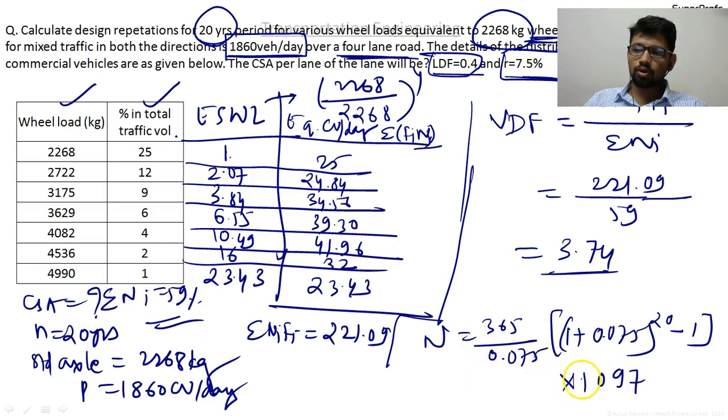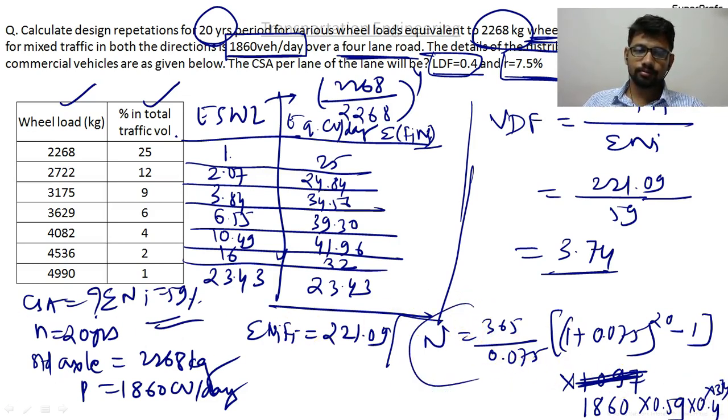This comes out from 1860 into 0.59, into 0.4 into 3.74. I'll write it properly on the next slide.